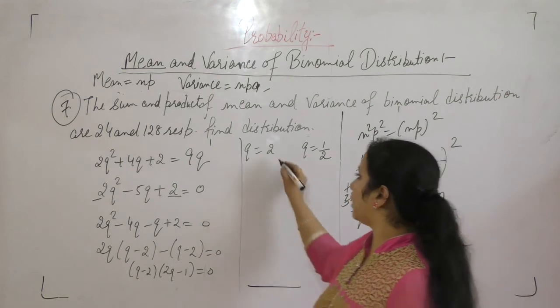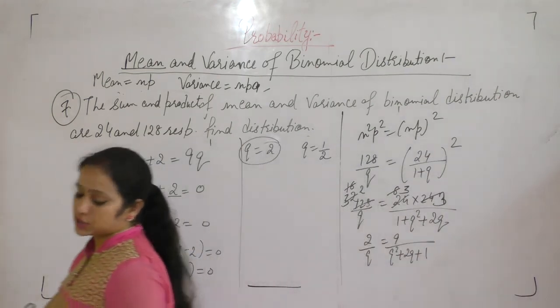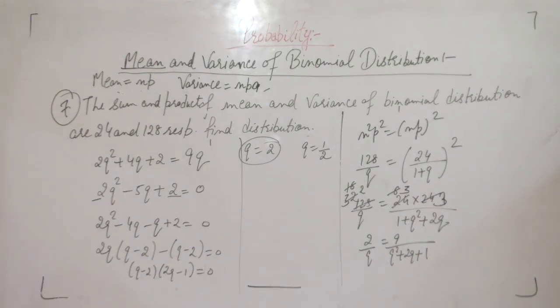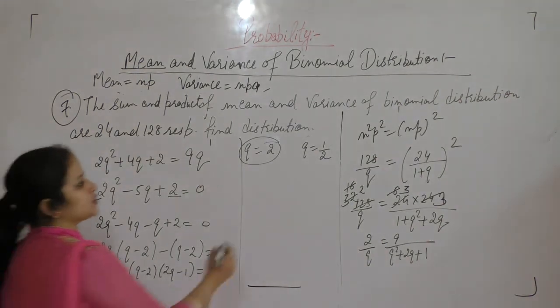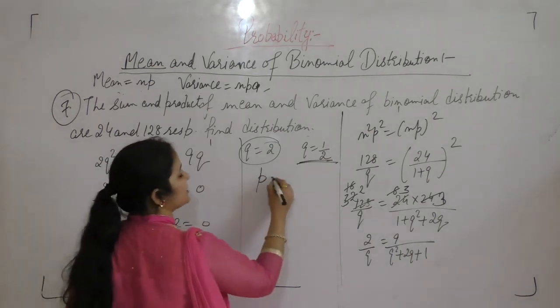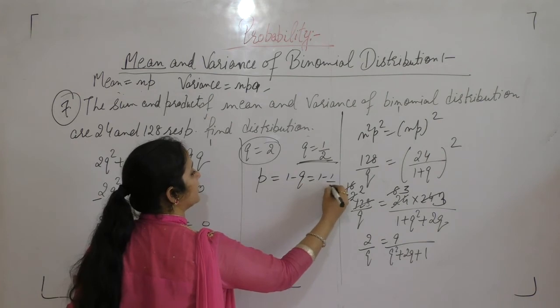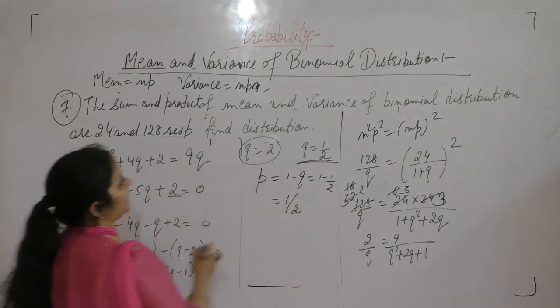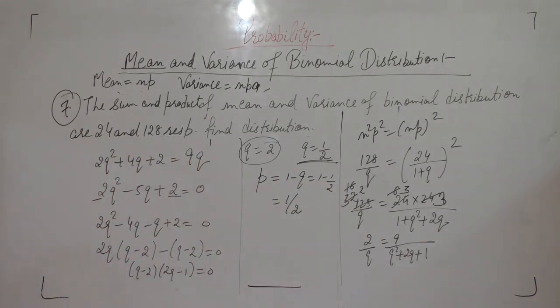But Q should not be greater than 1, so this value will be rejected. So we have the value of Q as 1 by 2. Now P is 1 minus Q, 1 minus half, 1 by 2.